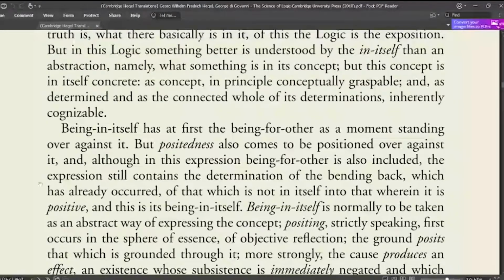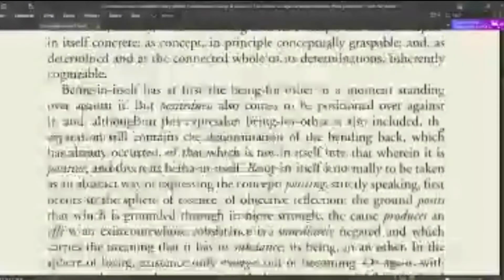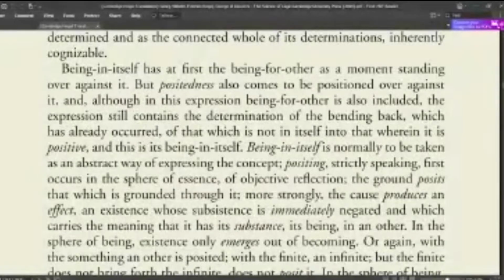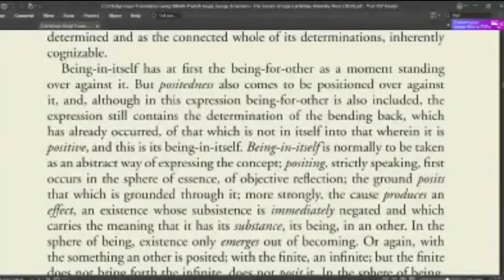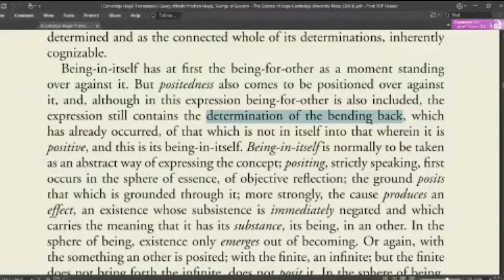So continuing, being in itself has at first the being for other as a moment standing over against it, but positiveness also comes to be positioned over against it. And although in this expression being for other is also included, the expression still contains the determination of the bending back. This is super important. Bending back, self-reference.